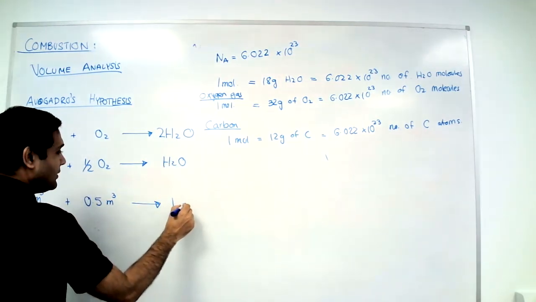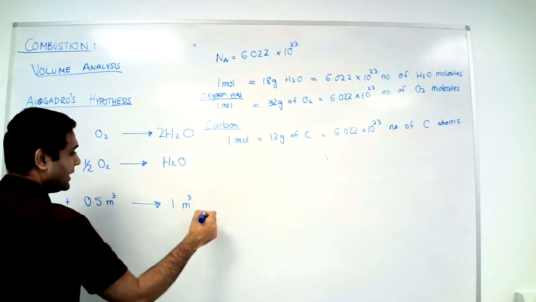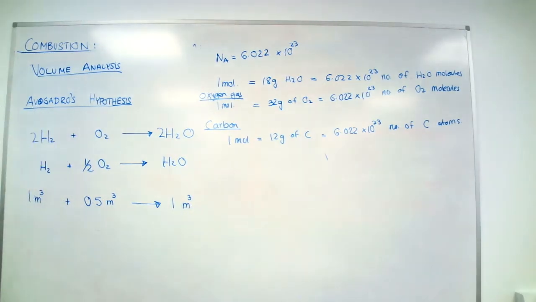It's going to give me 1 meter cube of, let's say, water. Okay, how does 1.5 meter cube convert into 1 meter cube? So it doesn't follow the law of mass conservation, but volume change is still happening because in the water they are bonded together, the atoms are closer together, and hence they need less volume.